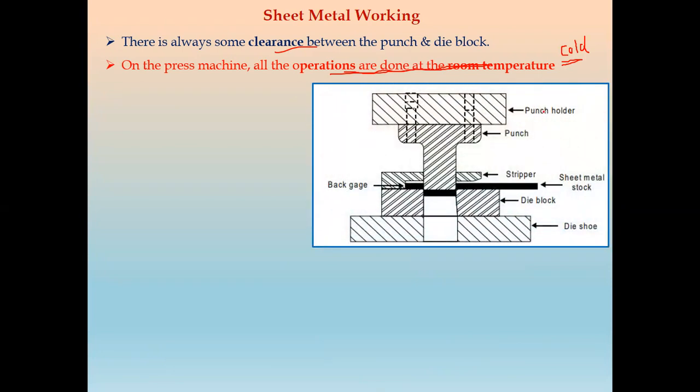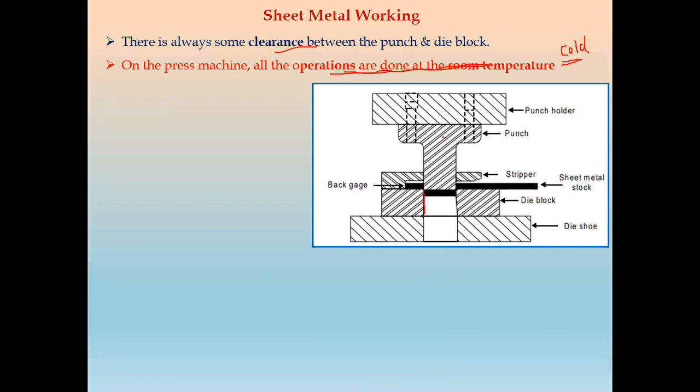This is a diagram for another setup. If you see, we have a punch part. This is the punch holder, and the punch is connected to this punch holder. Then we have this strip. The sheet metal stock is placed between these. Now this is the die block, and this is the die cavity.